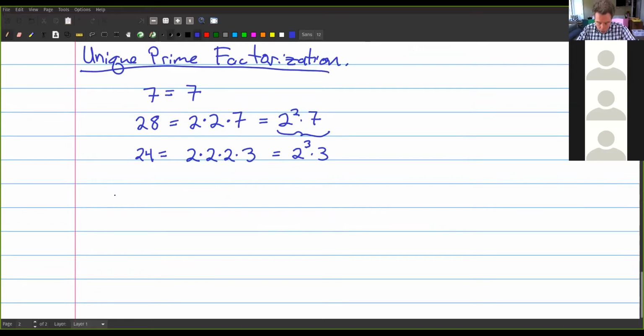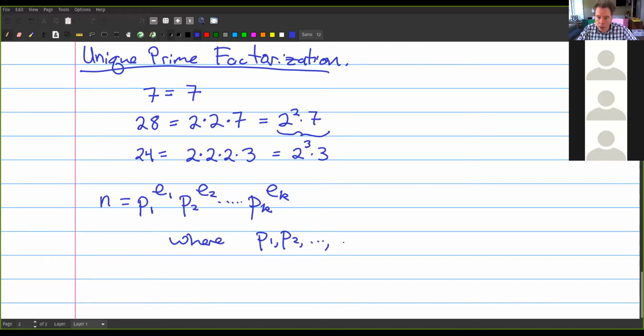So this is true for any number. And the way you would express it, in jargon, is any integer n can be written as p1 to some power times p2 to some power times ... pk to some power, where p1, p2, and so on up to pk are prime.